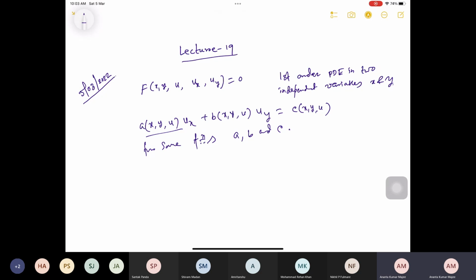Then the question is, what do you mean by a solution to that PDE? As a definition, I can say, like in your ODE. I told you that for an ODE, if everything is fine, meaning the nonlinearity is at least locally Lipschitz, so that the solution exists and is unique, then it depends on the initial condition.